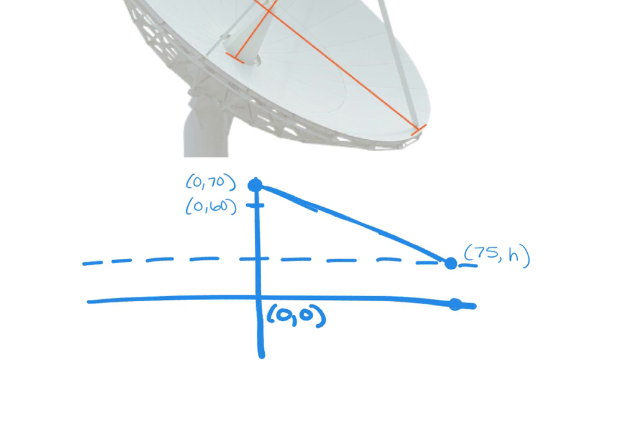This coordinate here would be 75, 0. Going the opposite direction, this would be negative 75, 0. Oh, negative 75, h. Then negative 75, 0. This right here would be 0, h.